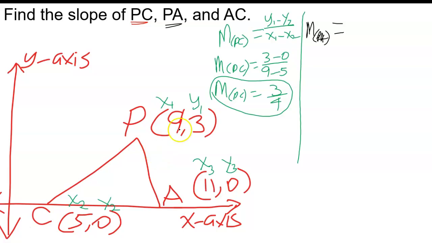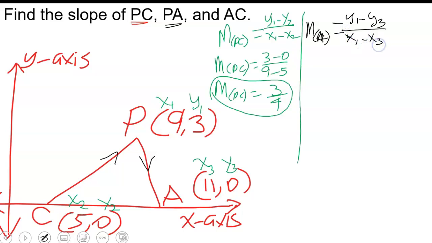But looking at the slope of PA now, it's falling down from left to right. It's going down, so we know this slope is going to be negative, but let's find out. Again, we can do Y1 minus Y3 this time over X1 minus X3.